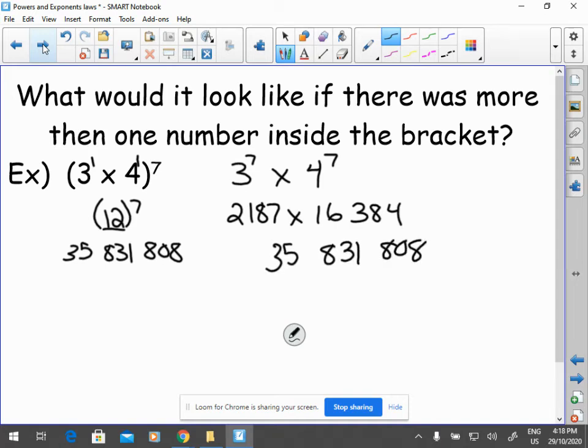So I get the same results by using my law. When you are working, you are able to use both methods. You're going to probably use the one that makes more sense to you, but it's still important that you spend the time to review and practice using the actual laws.